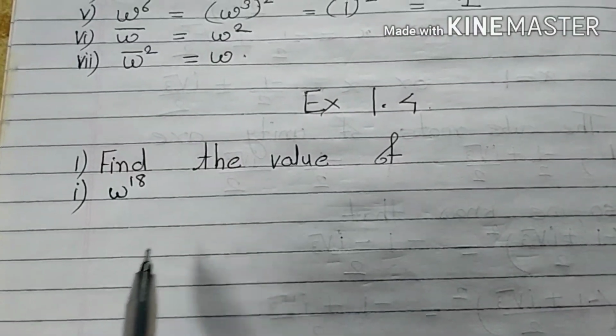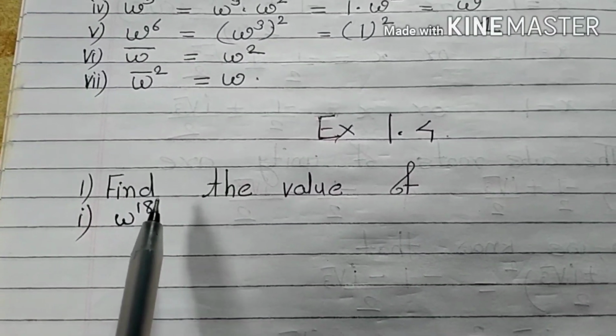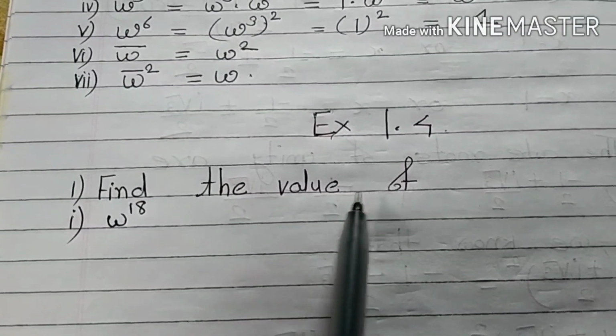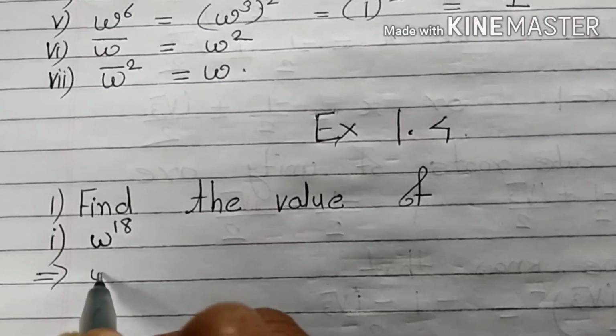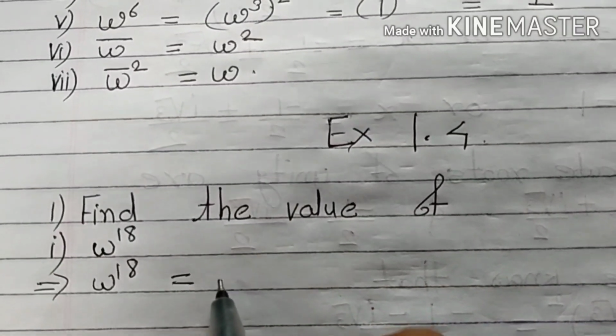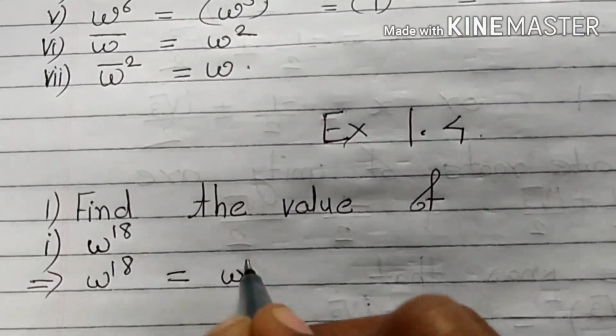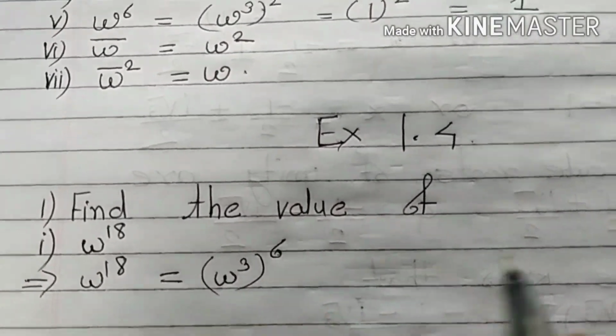Now there are some examples from exercise 1.4. Our first example: find the value of omega raised to 18. So write it as omega raised to 18. Now split it, because we know that omega cube is 1, so omega cube raised to 6, as 6 times 3 is 18.